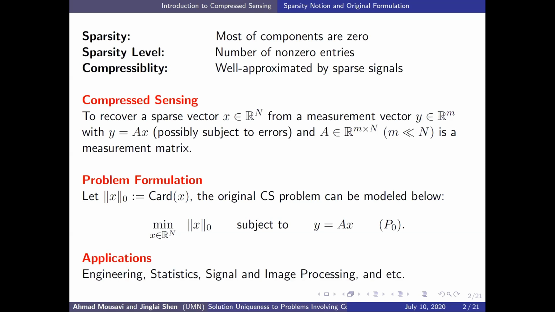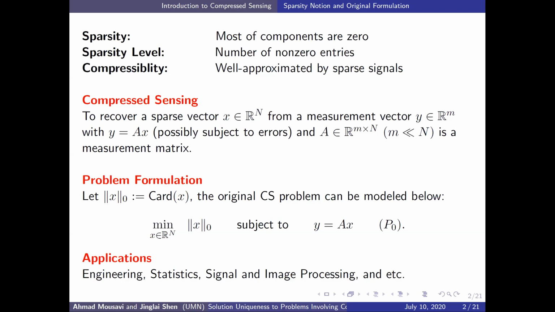Now we can assume, without loss of generality, that every vector that we have is sparse, because if not, people have observed that using a sparsifying basis, you can multiply your vector by a matrix and the result is sparse. This is something that people have observed in practice. So without loss of generality, we can assume that the vector of desire is a sparse vector.